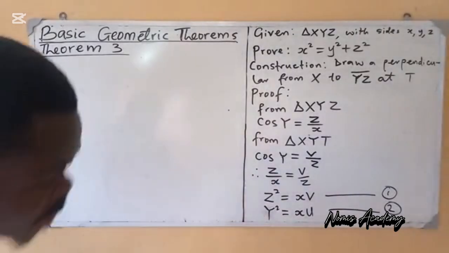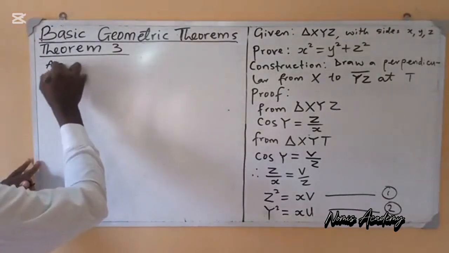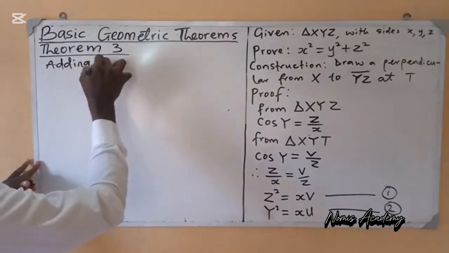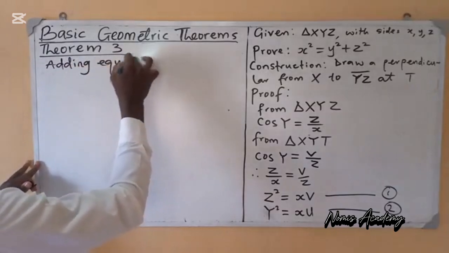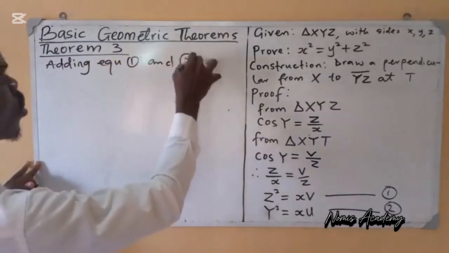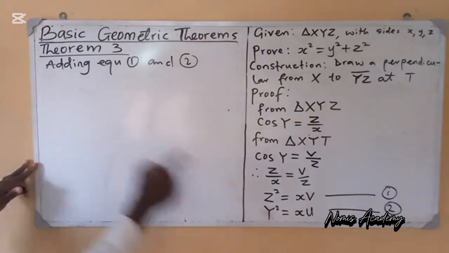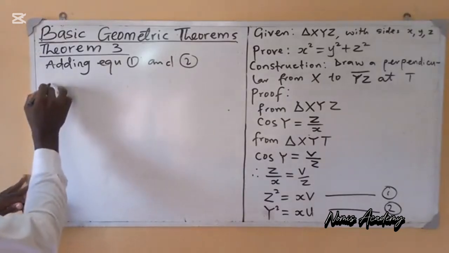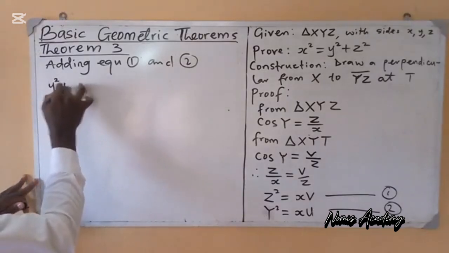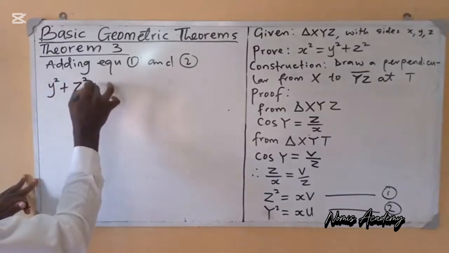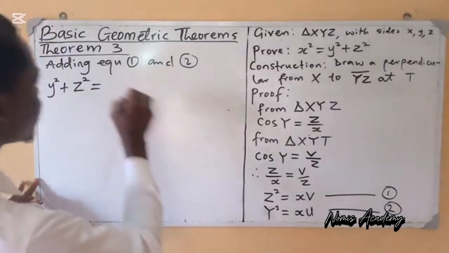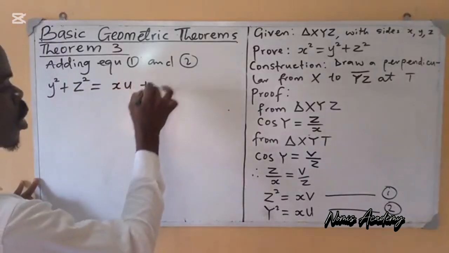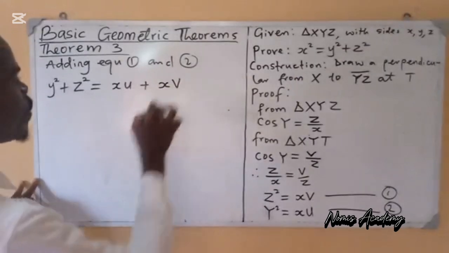So adding equation 1 and 2, that will be Y square plus Z square equal to, we are adding XU plus XV.